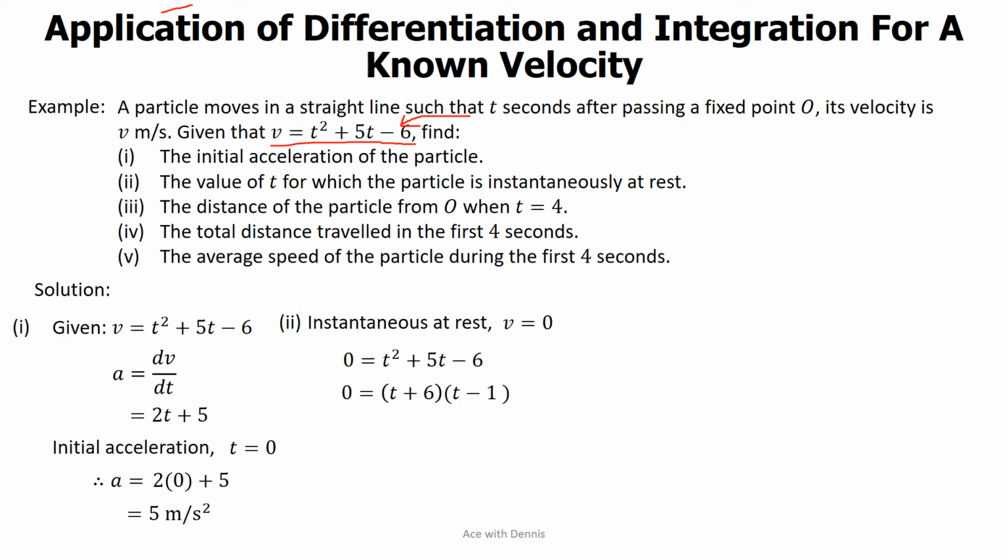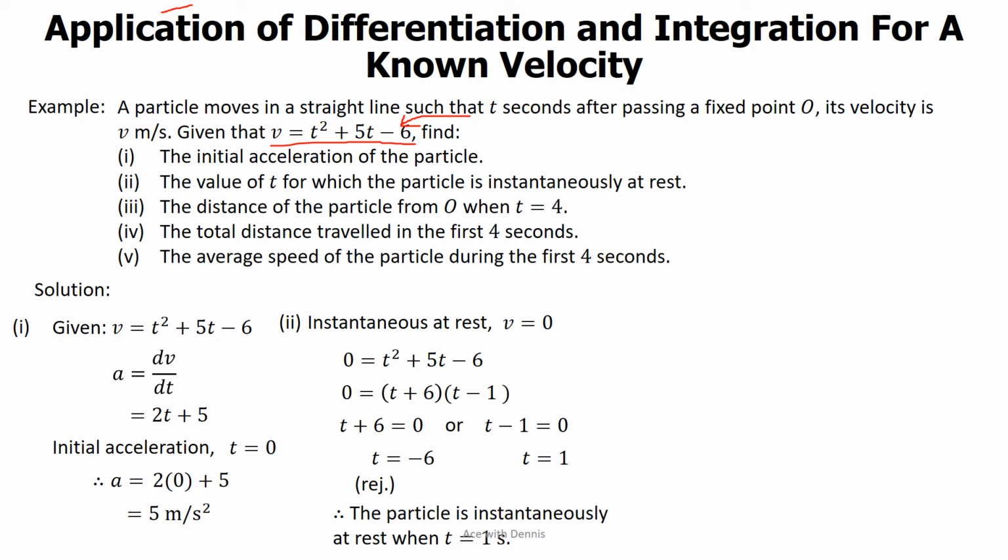So 0 equals (t plus 6) times (t minus 1). So t plus 6 equals 0, or t minus 1 equals 0. Hence t equals negative 6, or t equals 1. We reject the negative value as the time is always positive. Hence, the particle is instantaneously at rest when t equals 1 second.